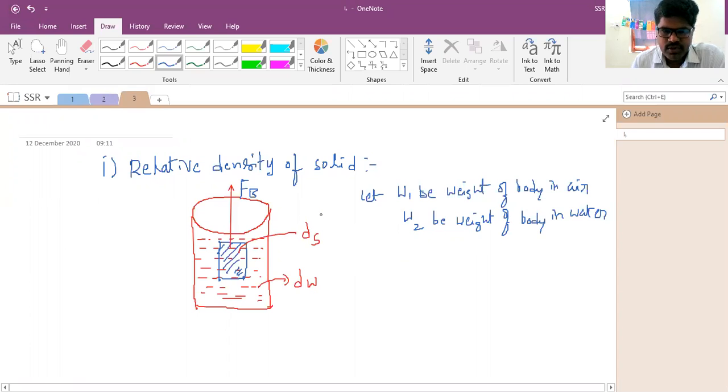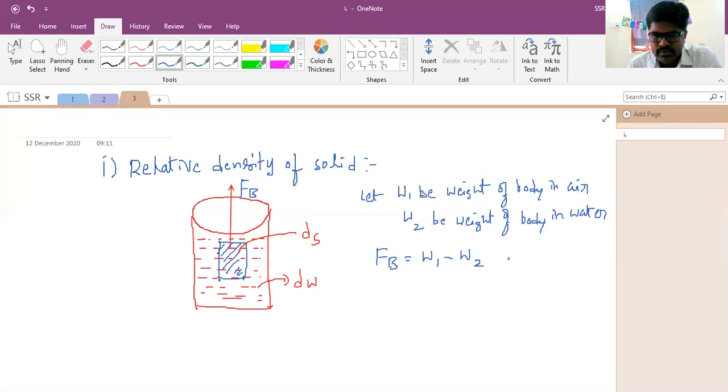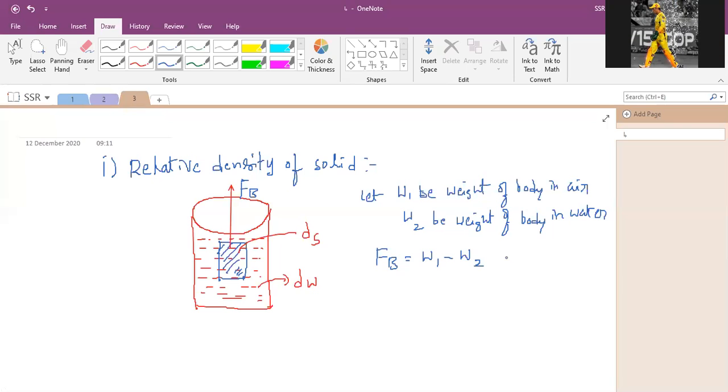Then what is the buoyancy force? Fb is equal to, we know already, W1, weight of the body in air, minus W2, weight of the body in water. Do you agree with this?